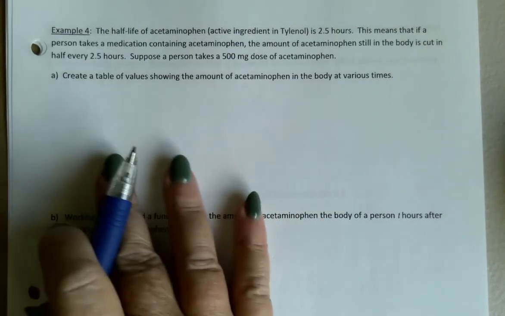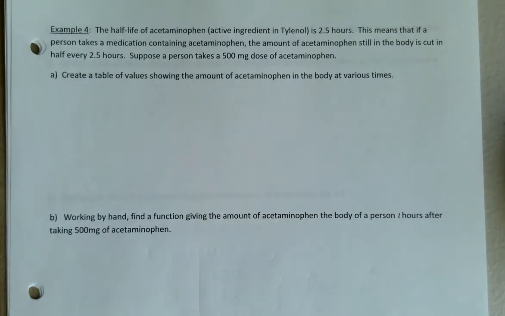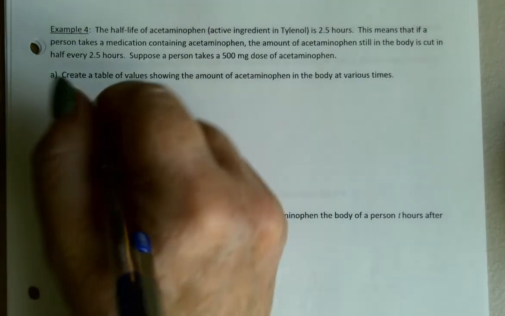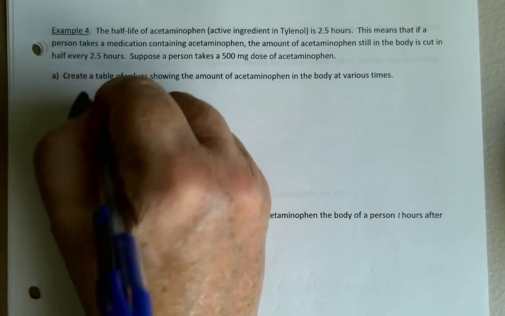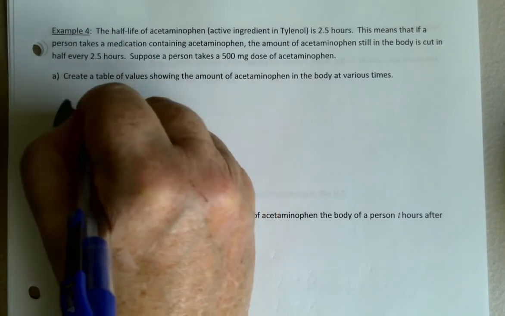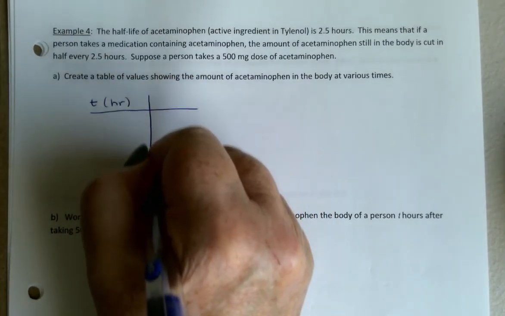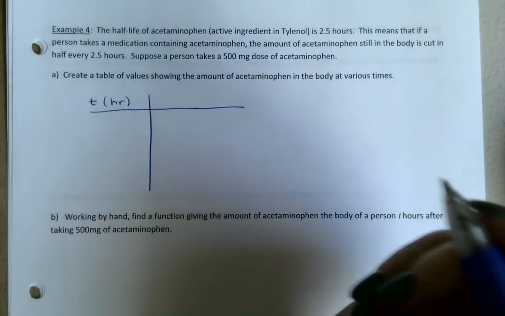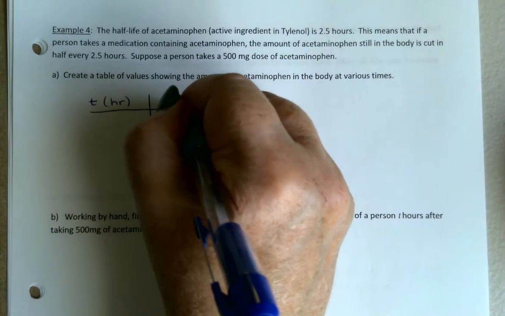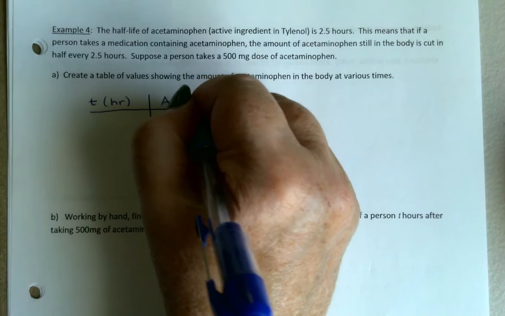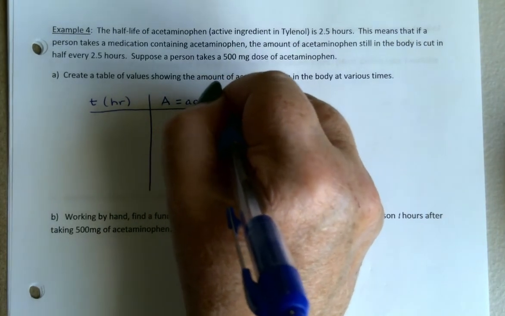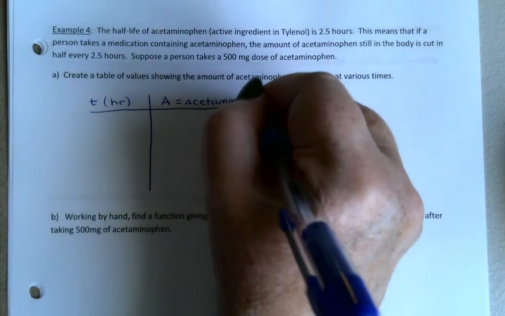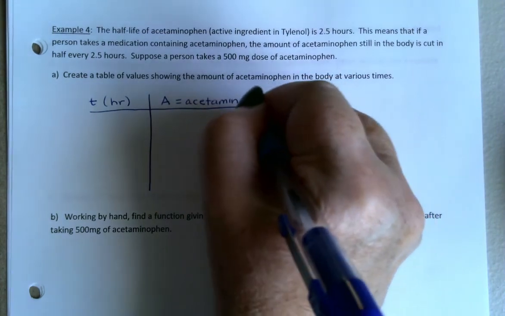I'd like to create the table that shows the way that this is behaving and how much is left in their body for various times. So t in this case will be in hours, and A is the acetaminophen, in milligrams.